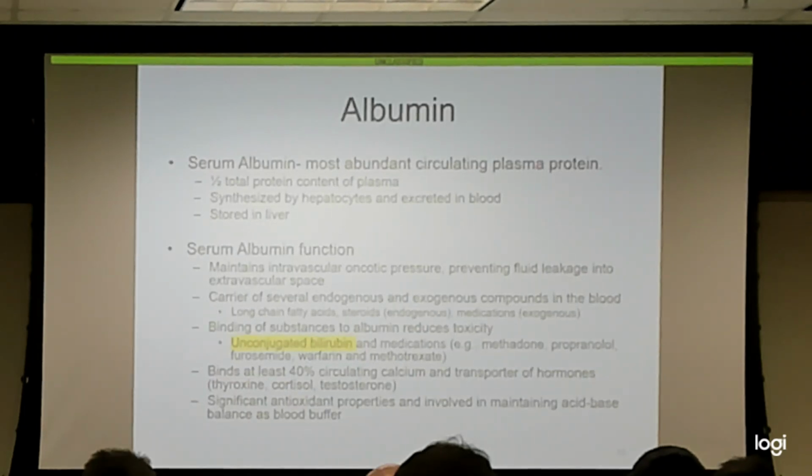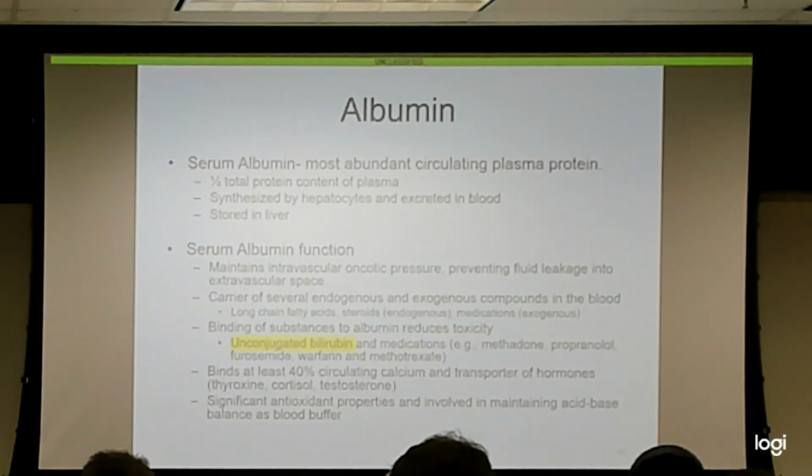So unconjugated bilirubin is hydrophobic. What does that mean? It's fatty, right? It's oil and water. So unconjugated bilirubin is oily, so it binds onto albumin and gets carried to where it needs to go.